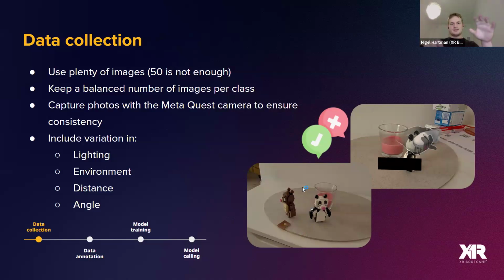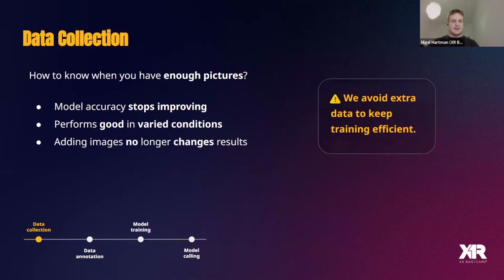Also try to have a balance of both objects. Sometimes take pictures with all of the objects inside, sometimes just of the panda bear, sometimes just of the normal bear, and have the same amount of them. Not like you have 100 pictures of the panda and just one picture of the bear. Then probably your outcome will be really tailored to the panda bear itself and not to the different objects you actually wanted to train it for.